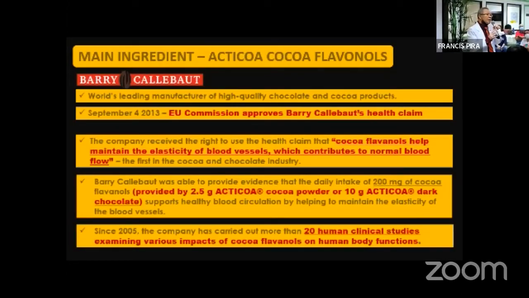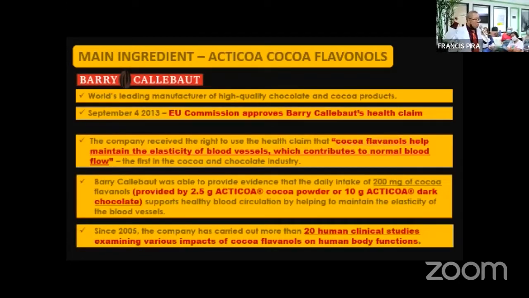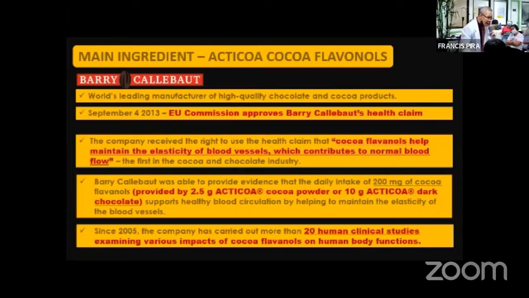That's why you will notice that blood vessel elasticity is enhanced by the presence of flavonol, because in that cocoa there is also an abundance of proline, which is converted to hydroxyproline, the main component of collagen, which makes your blood vessel very elastic.